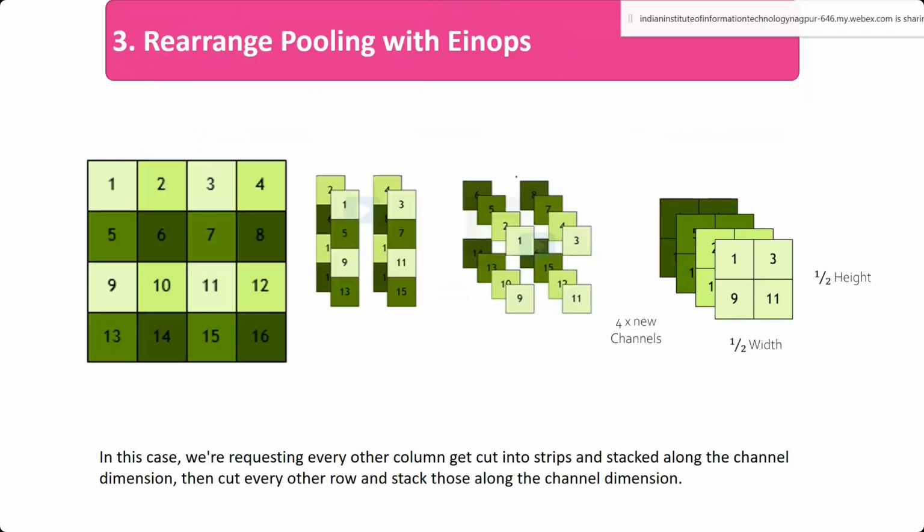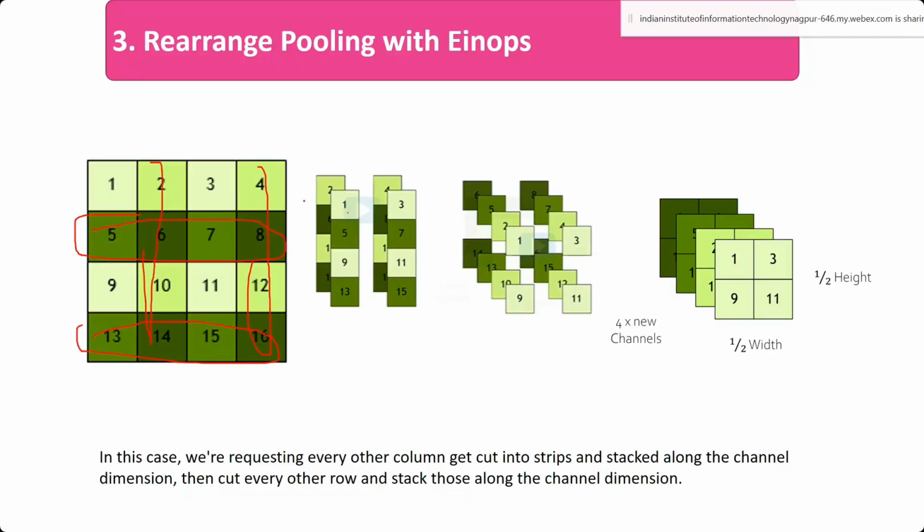So what this einops is doing: if you see here, this is an image. You divide that image column-wise, and then you divide it row-wise. So 1, 5, 9: first column, then second column, third column, and again you divide it column-wise.